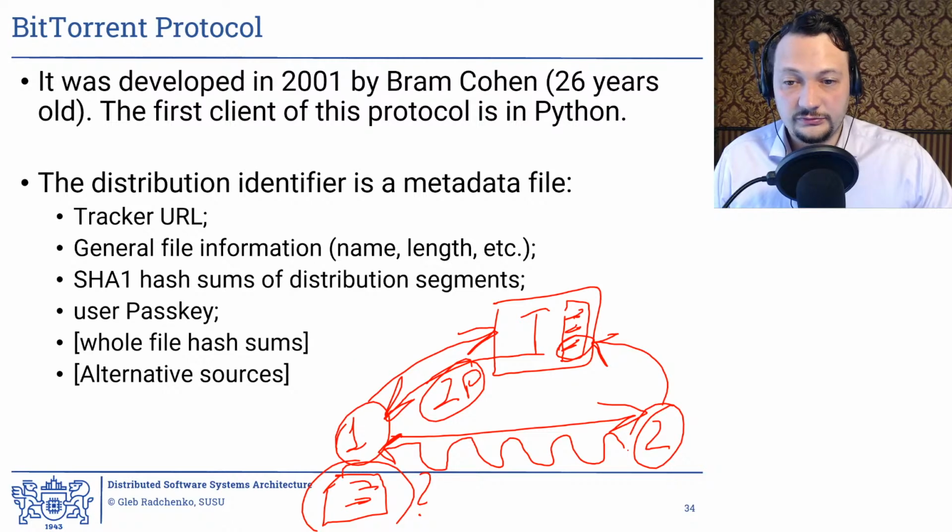Of course, in this case, most commonly we have not one user that downloaded the file, but hundreds of users that have the same file, and you can simultaneously download this file from hundreds of different sources.